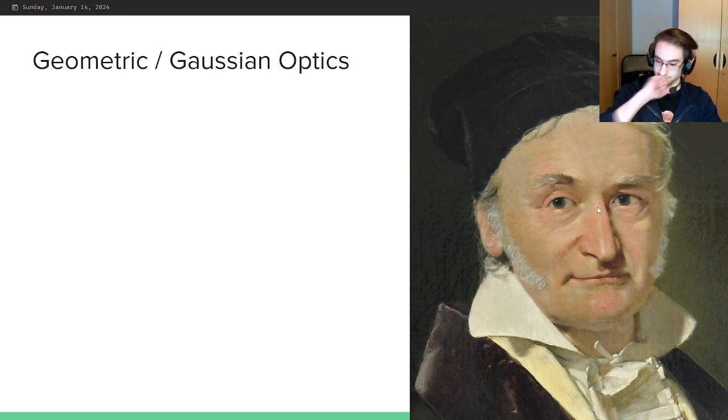And you can actually go one step further than Gaussian optics, and then it's called ray optics, where you drop some approximations that you would make in Gaussian optics, and you just work with the rays exactly as they work.